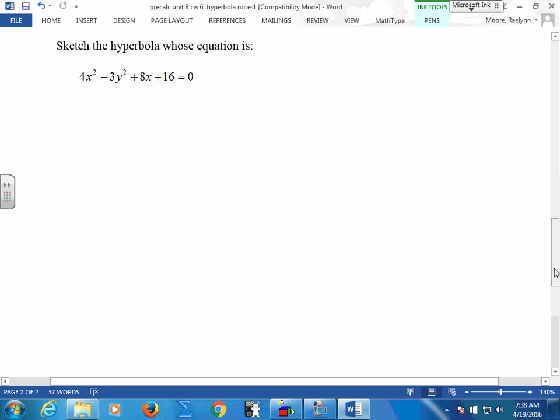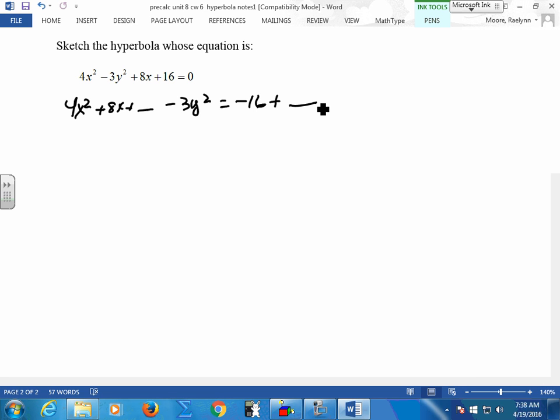All right, so group them together. So there's only one square to complete, right? The y part of the center, and again, the center is not inside the hyperbola either. So let's factor out 4.